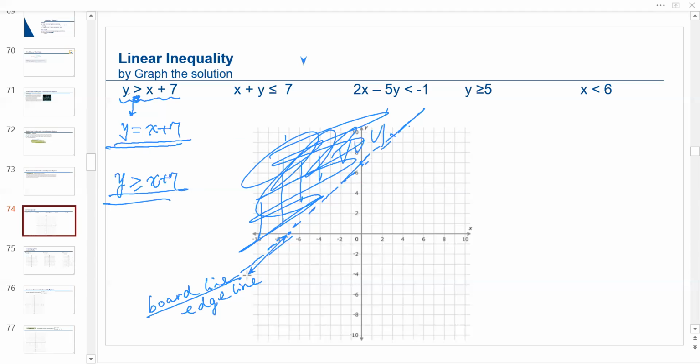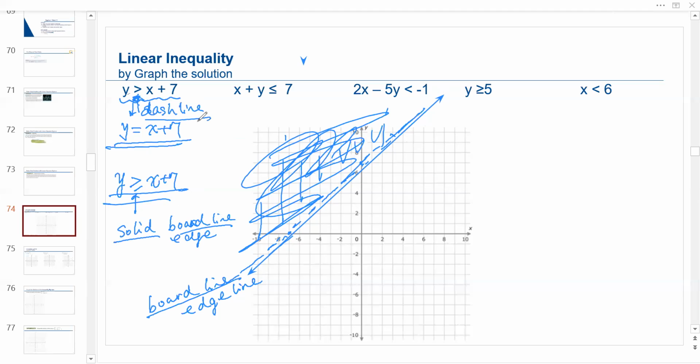We change to a solid line, right? So when they have equals, use the solid borderline or edge line. When they do not have equals, you use the dash line.